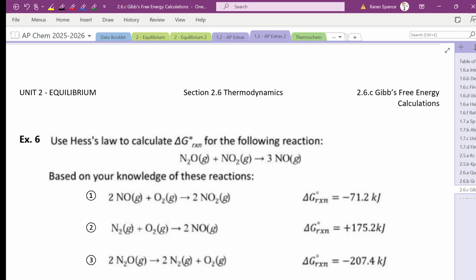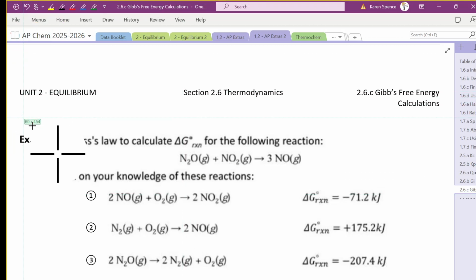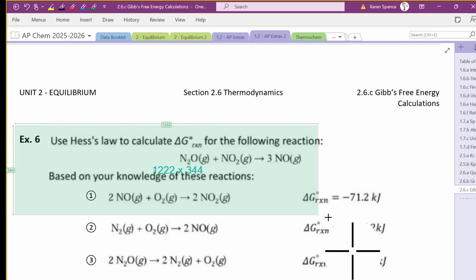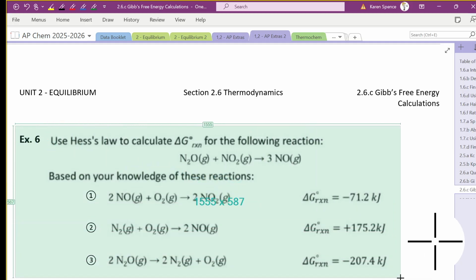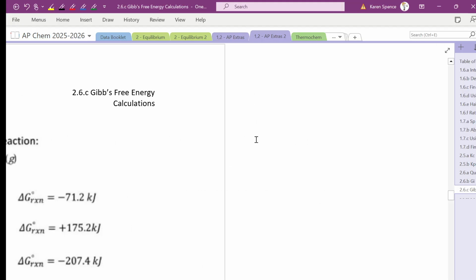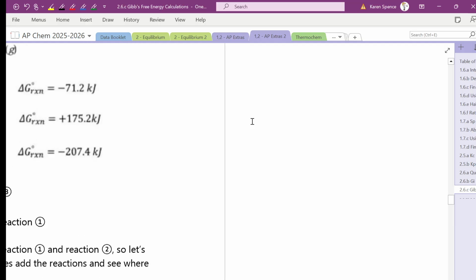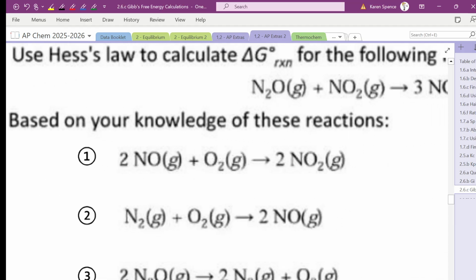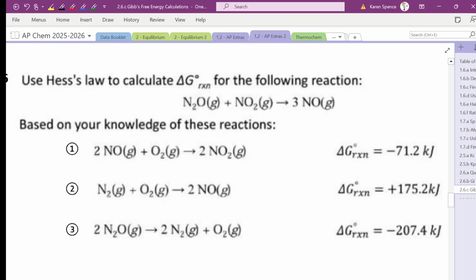The nice thing is that Hess's law is really just about playing with equations so that they end up equaling the overall equation. So it makes it very similar to reaction mechanisms where you need to get everything to add up to equal the overall. Okay? These are not mechanisms.